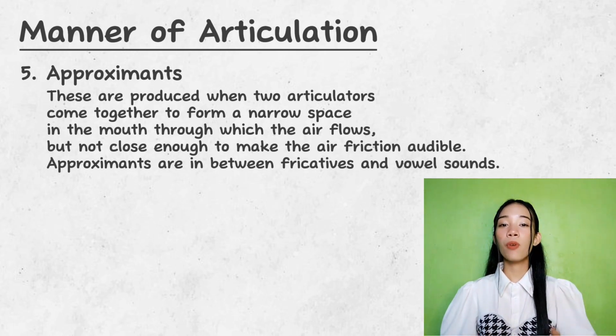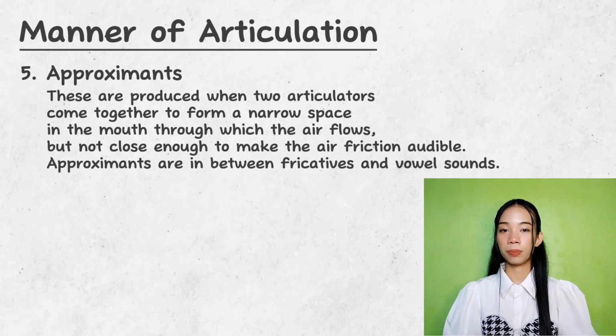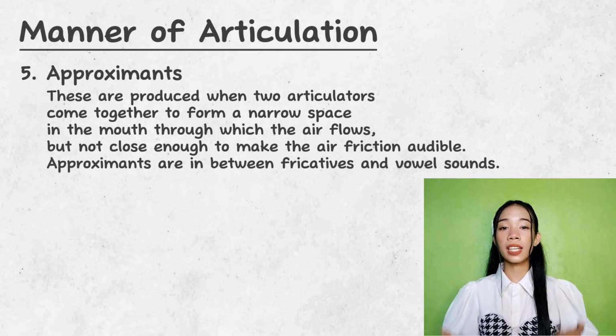You could say that approximants are in between fricatives and vowel sounds. Vowel sounds really have no closure, or the mouth is pretty wide open, like ee, very wide, and fricatives, sh, have a very small opening. So the approximants are kind of in between those two groups in terms of the opening of the mouth.